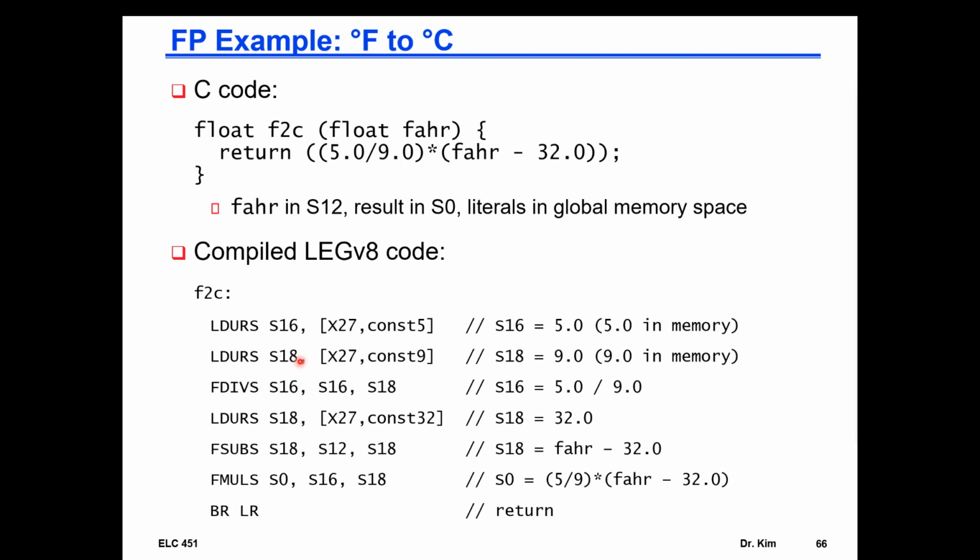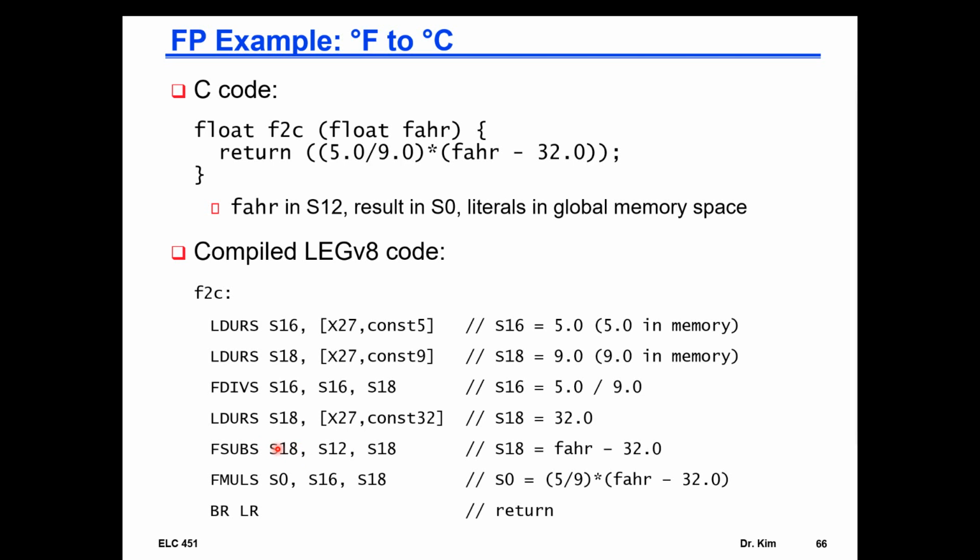Clearly, we don't need 18 anymore because we already did the division, so we are reusing it. Then we subtract 32 from the argument, which is in register 12, and put the result in floating point register 18.